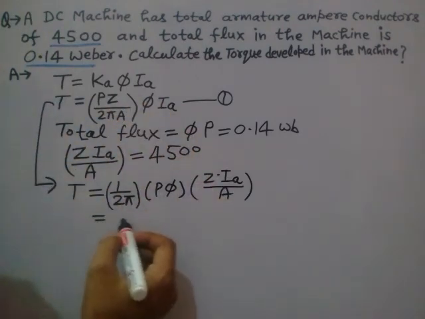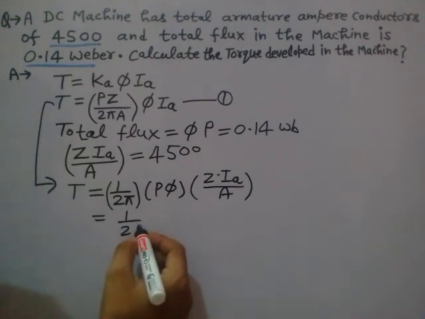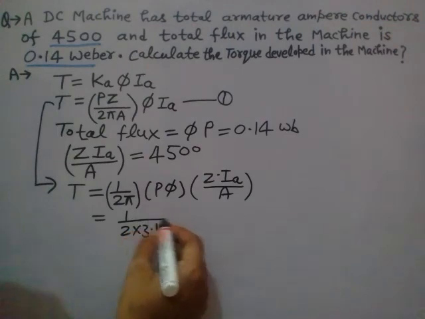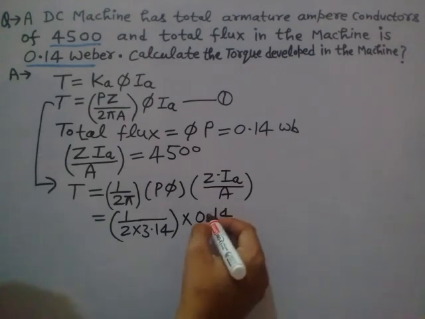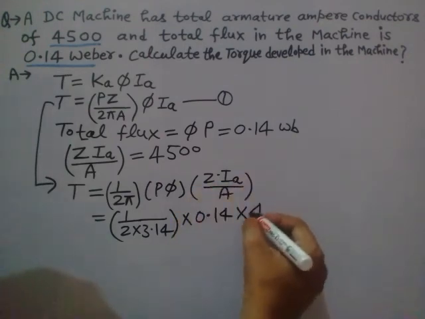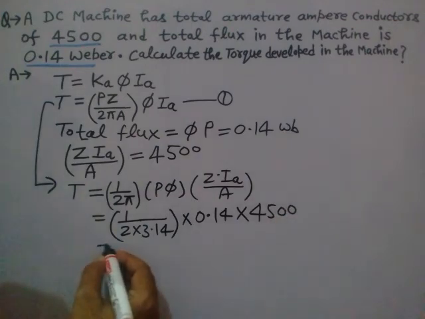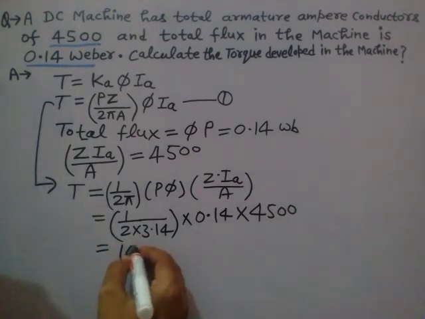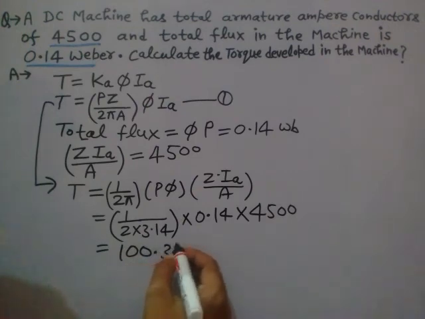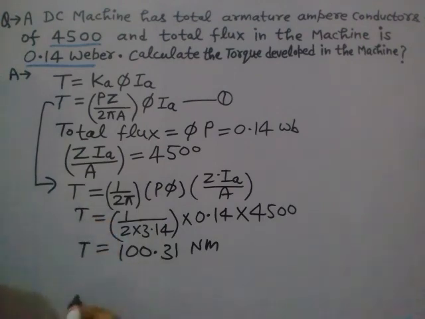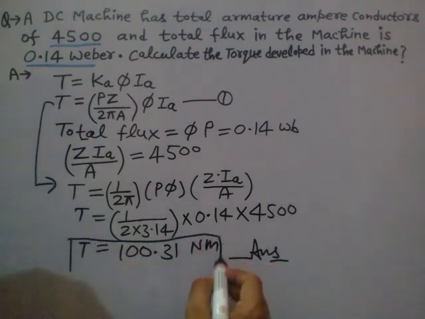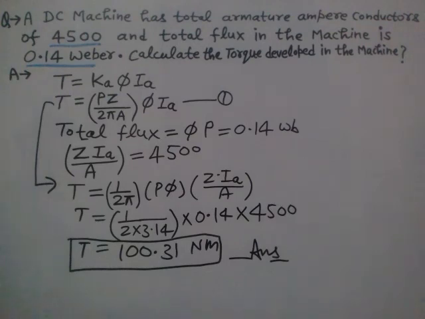So P phi is given as 0.14 Weber and Z Ia by A is given as 4500. So when you solve this, you will get 100.31 Newton meter. So that is basically the torque developed in the machine, and that is the answer. So that's how you can solve this question.